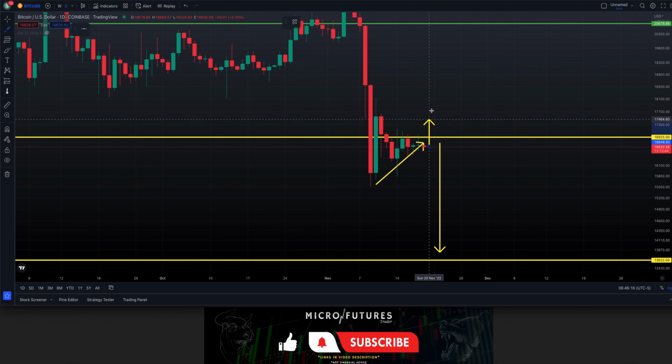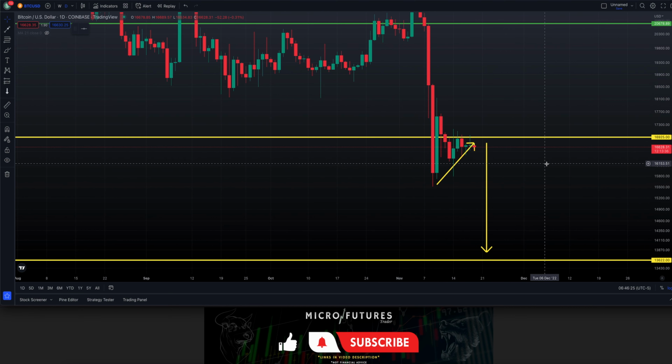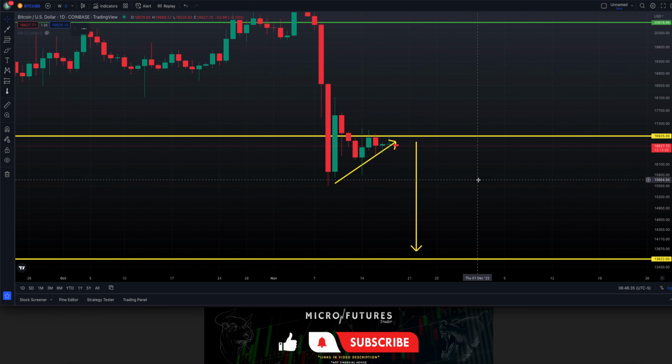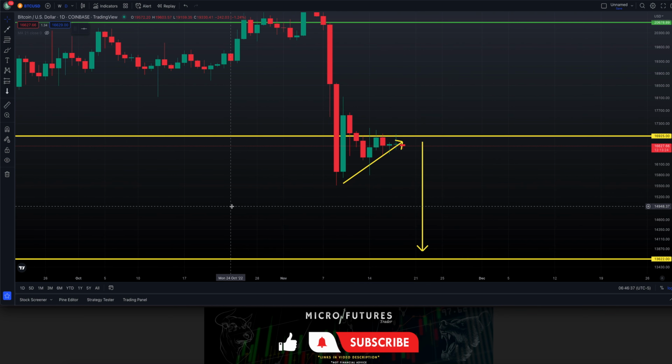It will actually do the opposite and break to the upside. So that's always a possibility as well. When everybody sees the same thing on the chart and is expecting the same thing, sometimes the opposite takes place, and that is just trading.